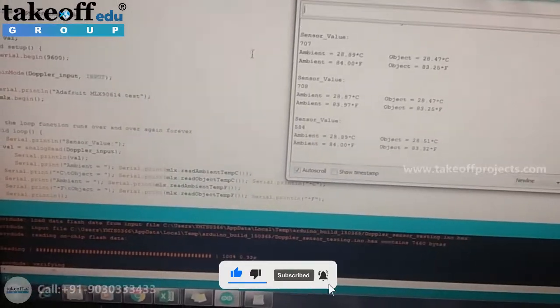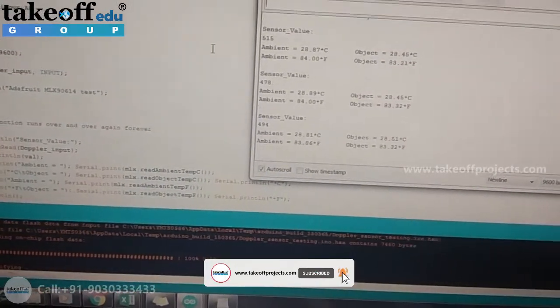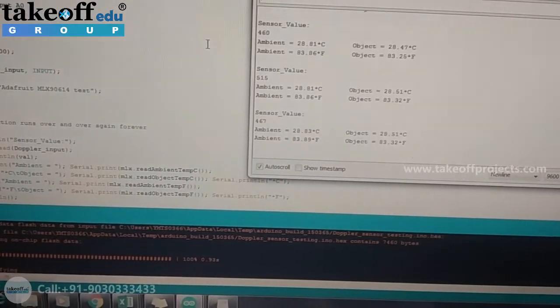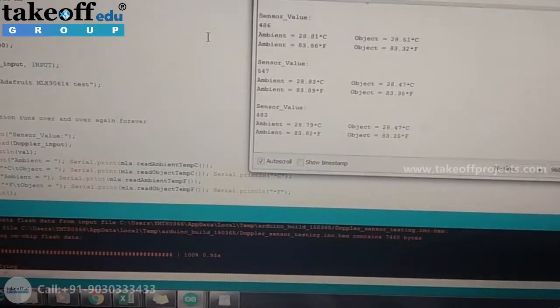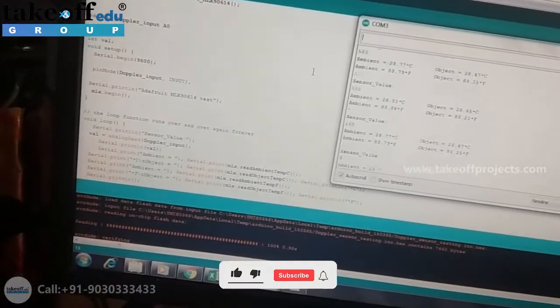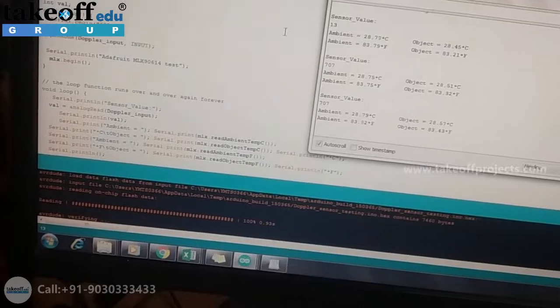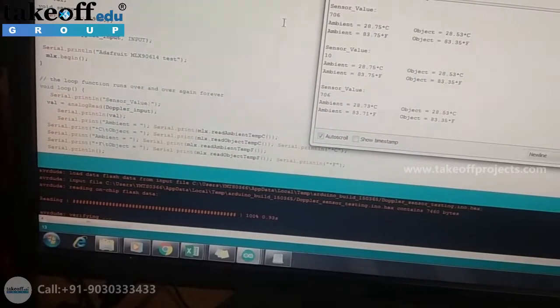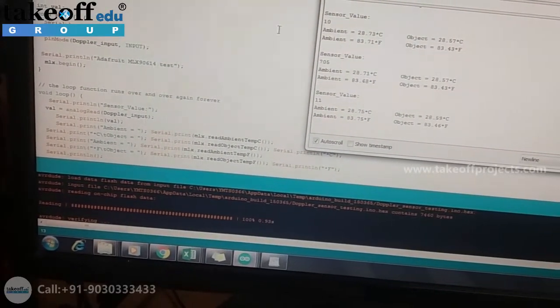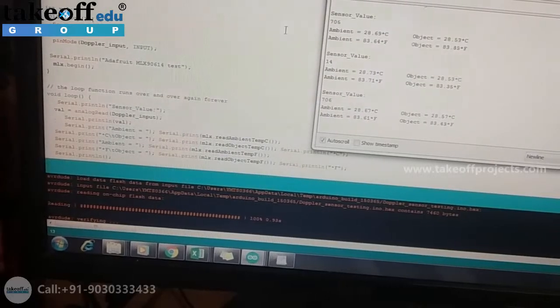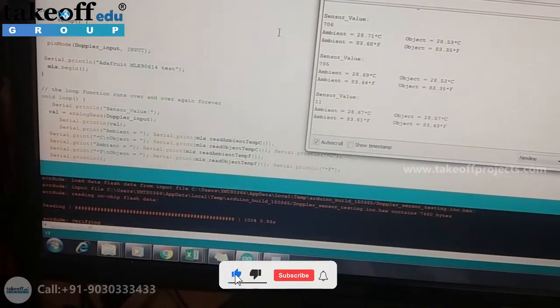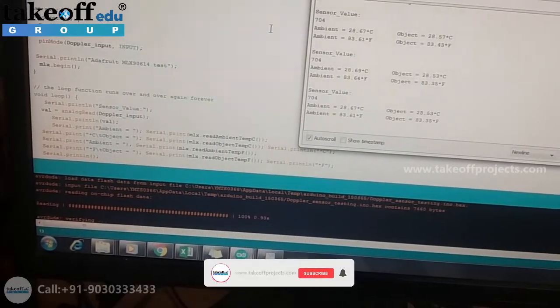So if there is no motion, then it is showing around 500. If any object motion is detected, then these values will be around 700 max, and the lower values are around 10.